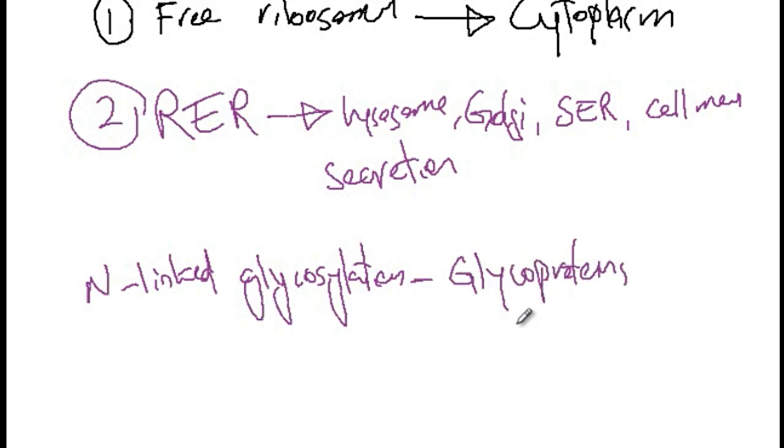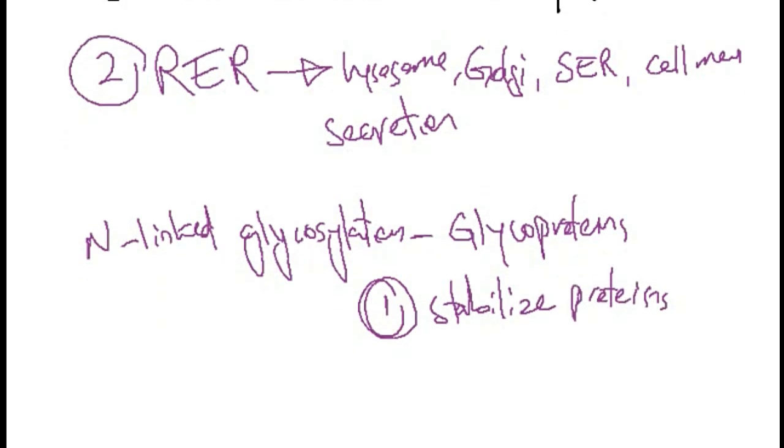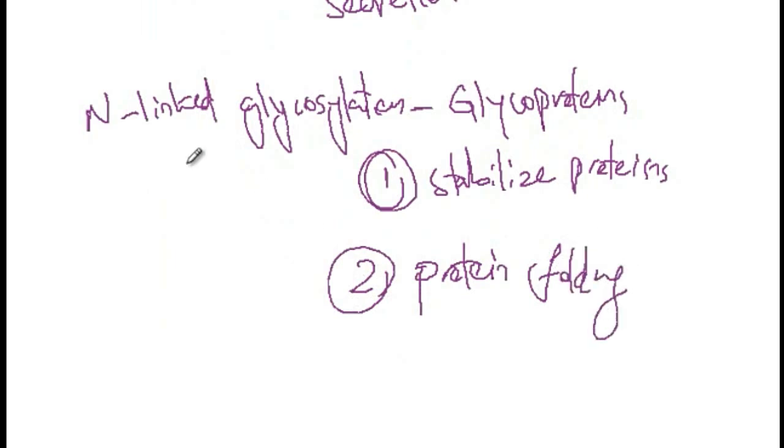And there are two main purposes to the formation of glycoproteins through N-linked glycosylation, and the first one is to stabilize proteins. So if you somehow interfere with N-linked glycosylation, most of these proteins will undergo degradation. And then the next function that may be present is for protein folding. So sometimes N-linked glycosylation helps the proteins to fold into the correct structures.